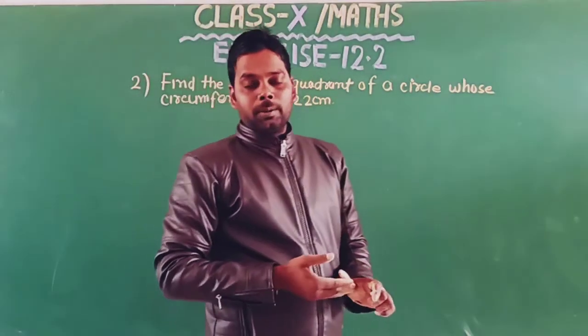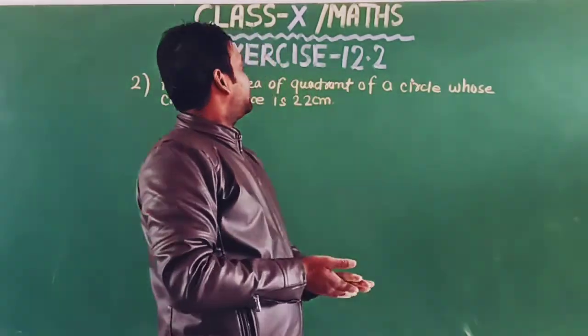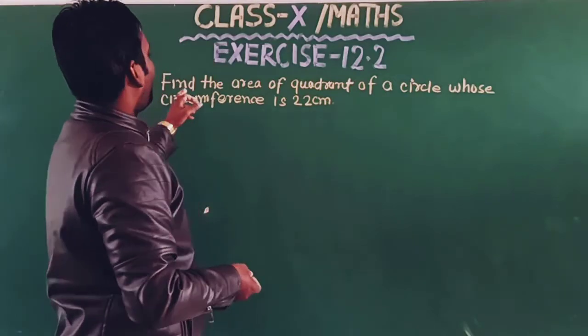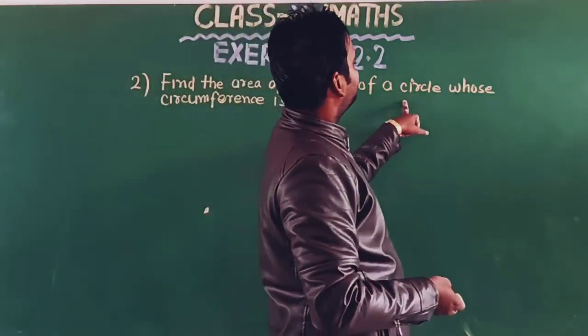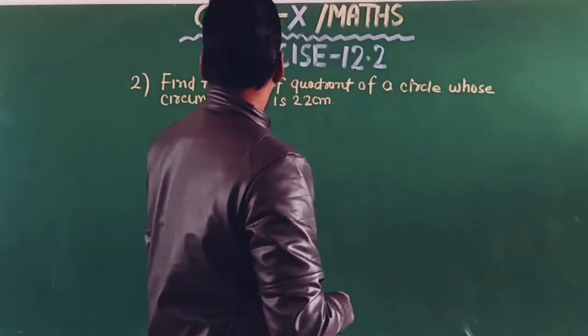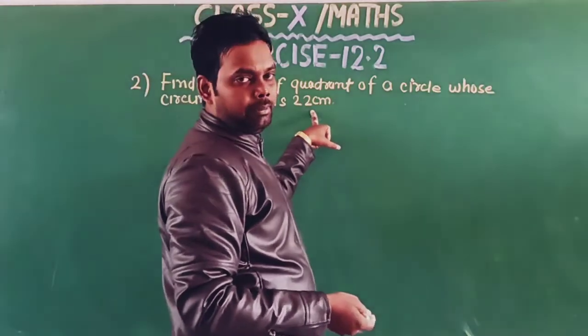Now move to the second question. In this question it has been said that find the area of the quadrant of a circle whose circumference is 22 centimeter.